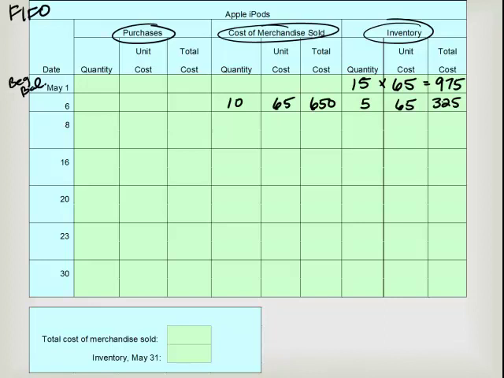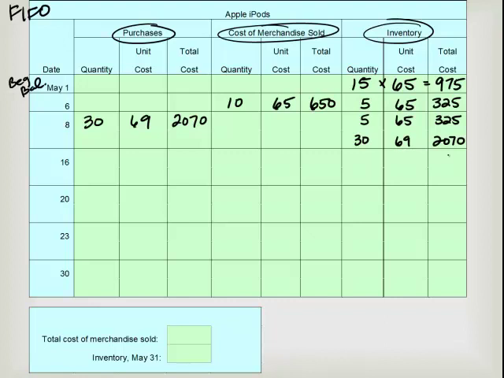On the 8th, we purchased 30 units at $69 a piece. So purchases go over here, 30 units, $69, and that's $2,070. And when we update our inventory, we bring down the 5 $65 units and fill in the 30 $69 units.